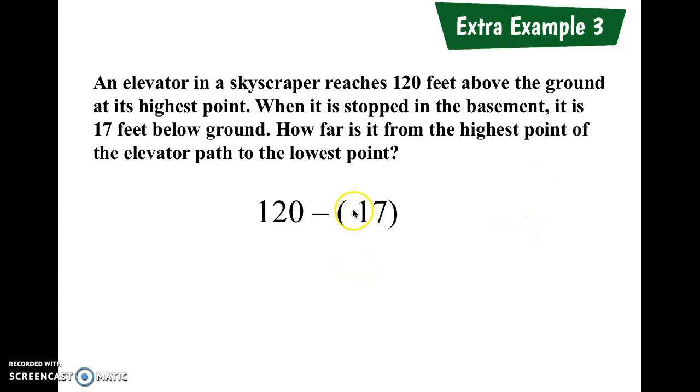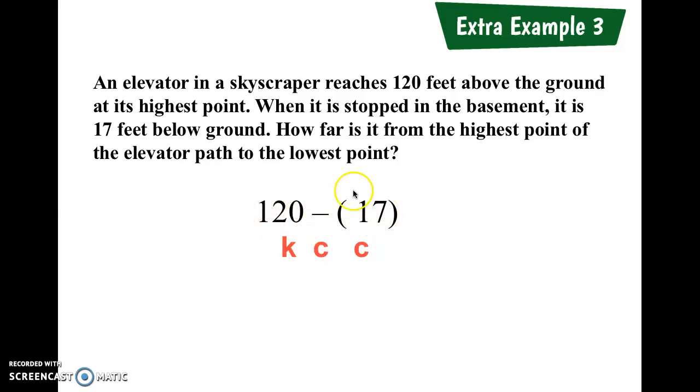And I just realized my subtraction sign is not there. Okay, you guys, when you write this, I don't know how this happened. This is 120 minus, this is a negative 17. Please, please, please do not copy it like this. Negative 17. So 120 minus negative 17.